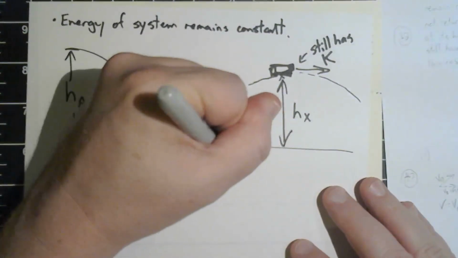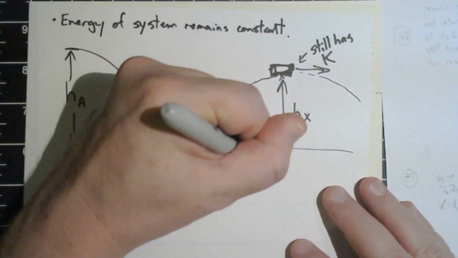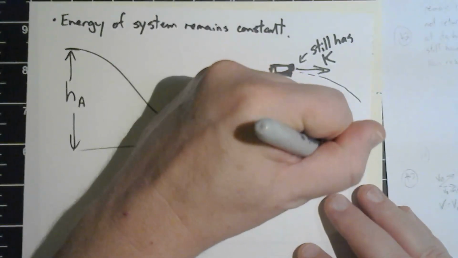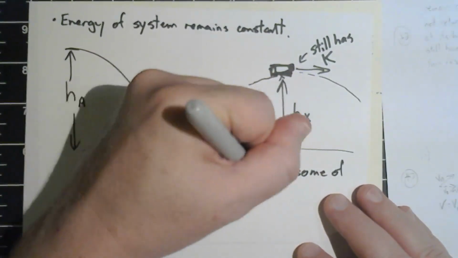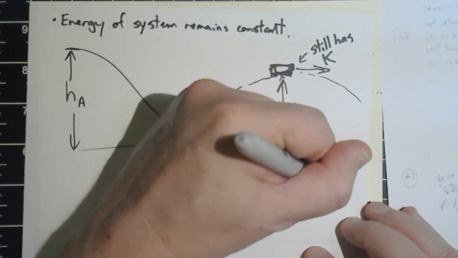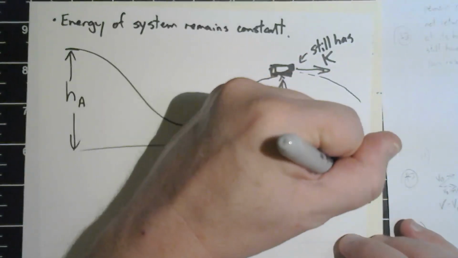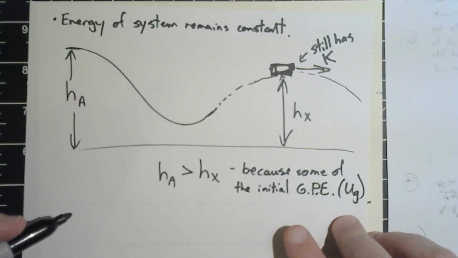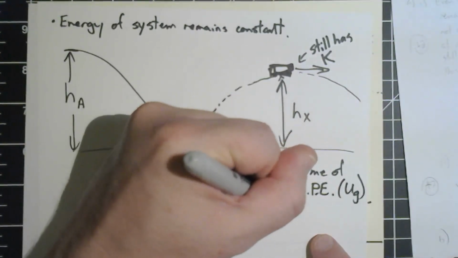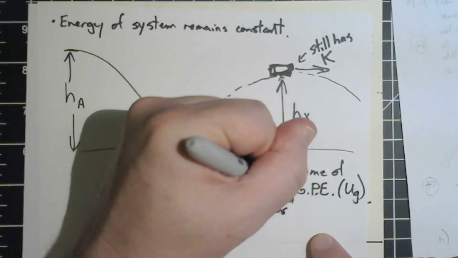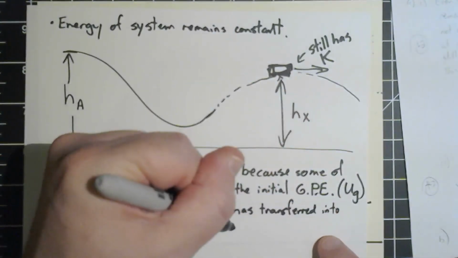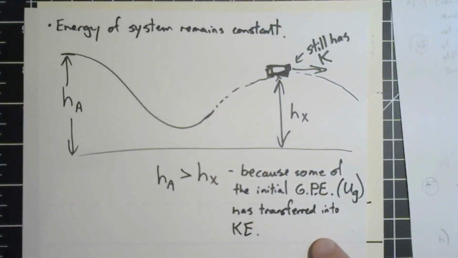And the reason why is because some of the initial gravitational potential energy, and I'm just going to use GPE, or in other words, UG, some of that gravitational potential energy has transferred or changed forms into kinetic energy, right?